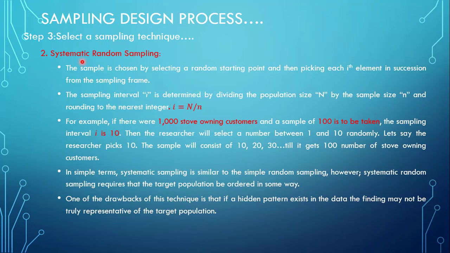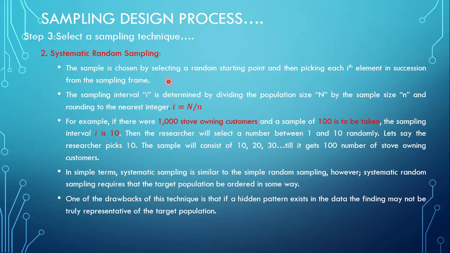The other is systematic random sampling. The difference between systematic random sampling and simple random sampling is that in systematic random sampling you are going to use a certain gap, so you use a formula for that.